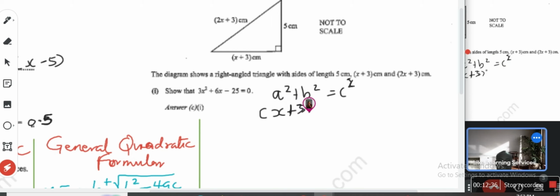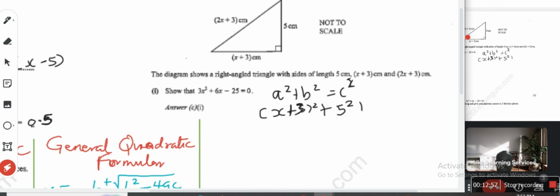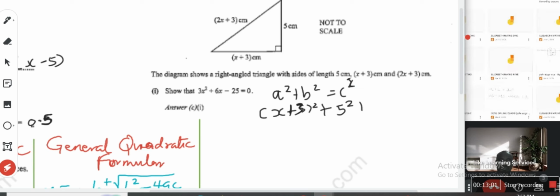So the pen is glitching. Yeah. All right. Oh, I accidentally left. Give me a sec.